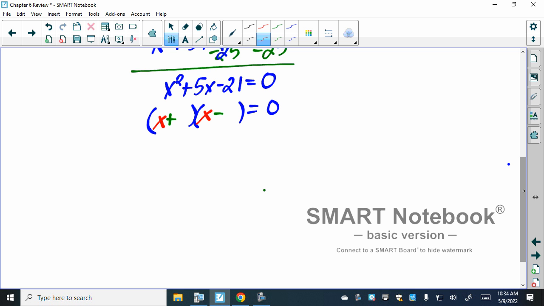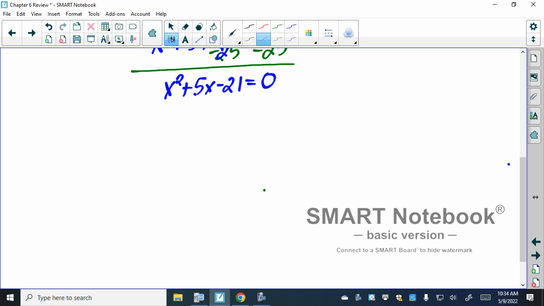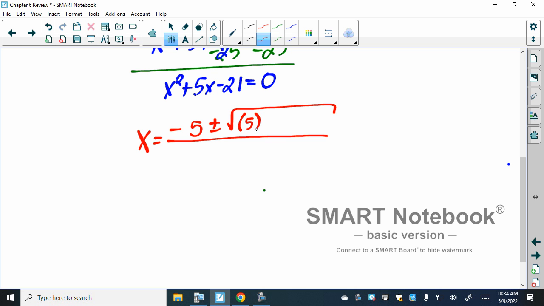Nope, doesn't look like this is factorable. I could try that again. No. So that means we have to use the quadratic formula. Negative b plus or minus the square root of b squared minus 4ac all over 2a.